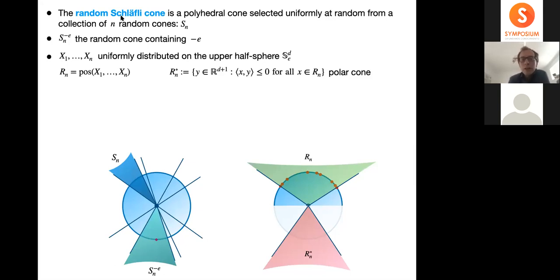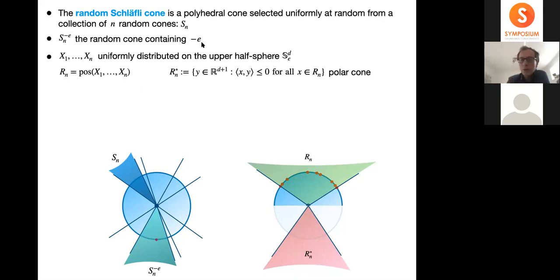Recall that we are interested in the random Schläfli cone. This is the polyhedral cone selected uniformly at random from the collection of all cones. Here you have all these cones, and we have selected uniformly at random one of them. This is the Schläfli cone. There's another object which is hidden in this picture: the cone which contains a fixed point.